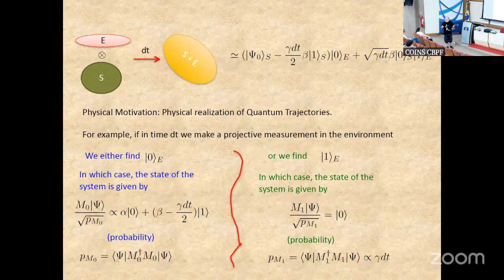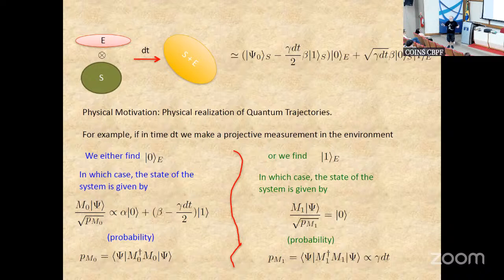Another way to see it is that there is a probability that I keep monitoring and I get no jump. This probability, obviously, is modulo alpha squared, because it's the probability of finding the system in level 0. So the sequence of no jumps eventually has to collapse to the ground state of the qubit.